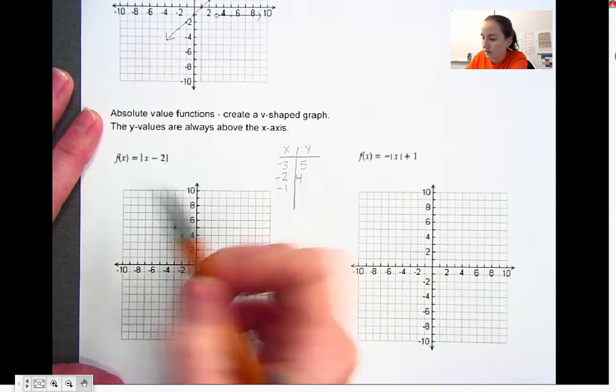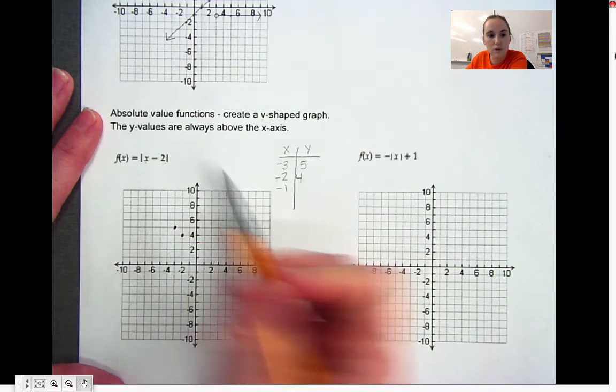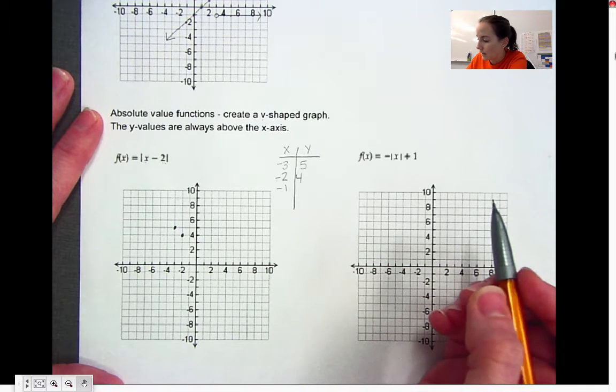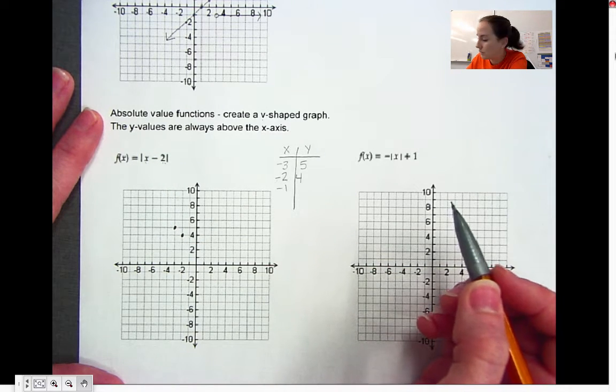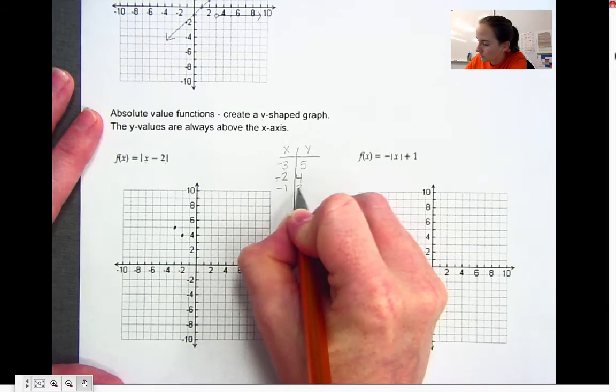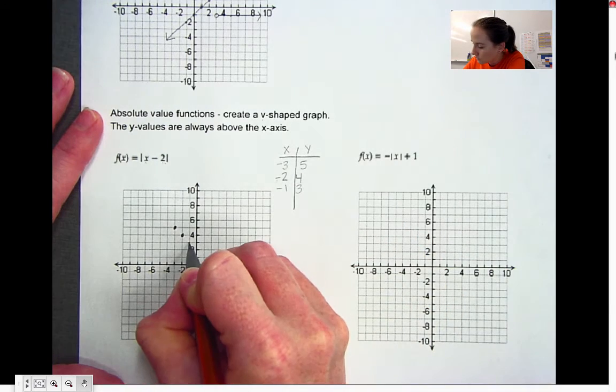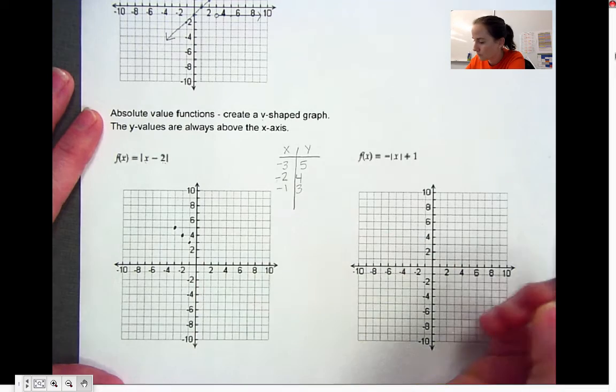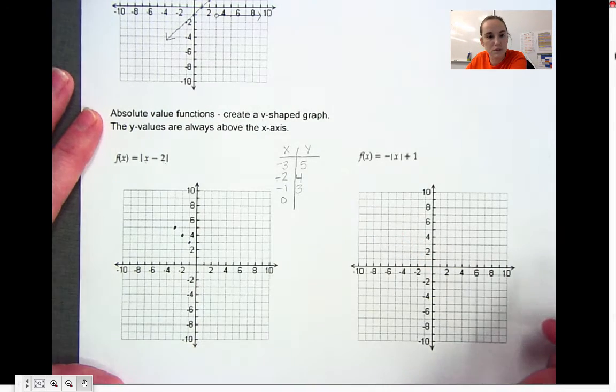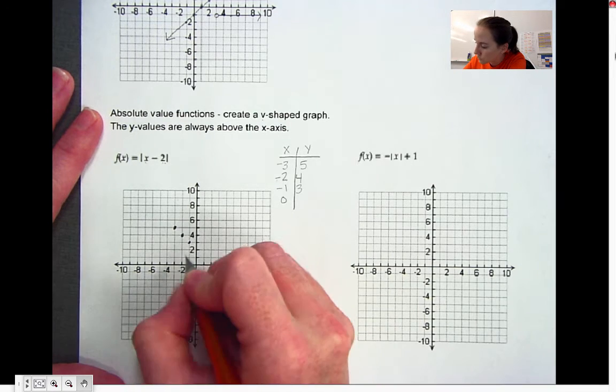Negative 1: negative 1 minus 2 is negative 3, and the absolute value of negative 3 is positive 3. 0: 0 minus 2 is negative 2, but the absolute value of negative 2 is positive 2.